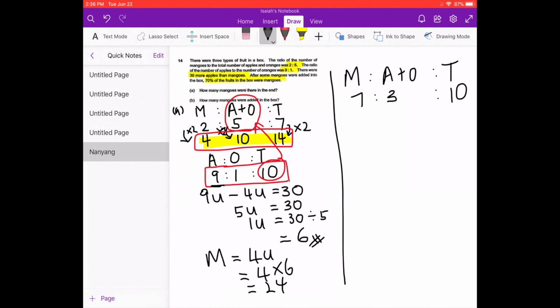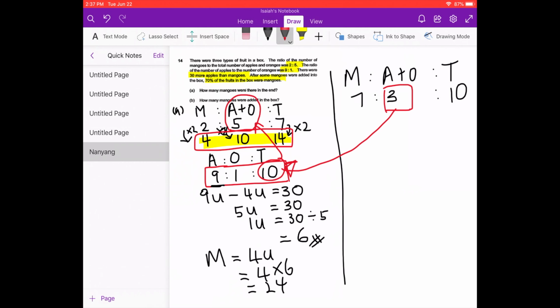But throughout the entire thing, only mangoes were added. No extra apples or oranges were added. So therefore, these 3 parts of apples and oranges are the same as the 10 units of apples and oranges that we calculated earlier.